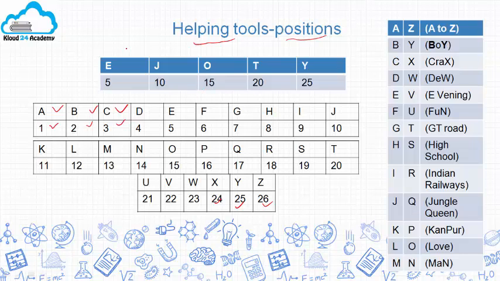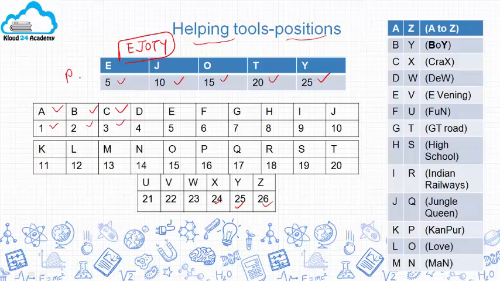So here's the shortcut. You have to remember this shortcut, which is EJOT. It is nothing but alphabets at a difference of 5 positions. E at 5, J at 10, O at 15, T at 20, Y at 25. So if I ask you what is the position of P, you'll say MNOP.